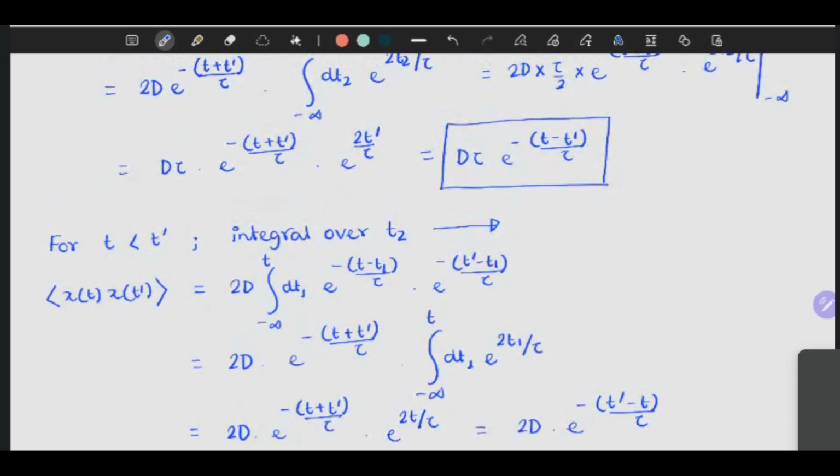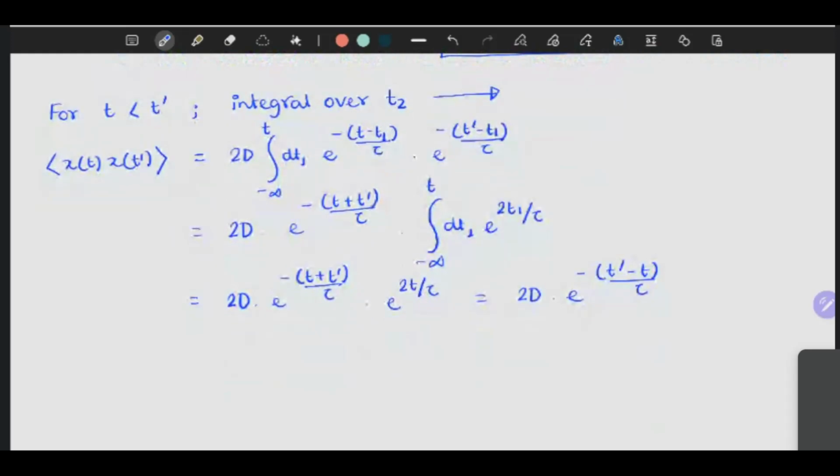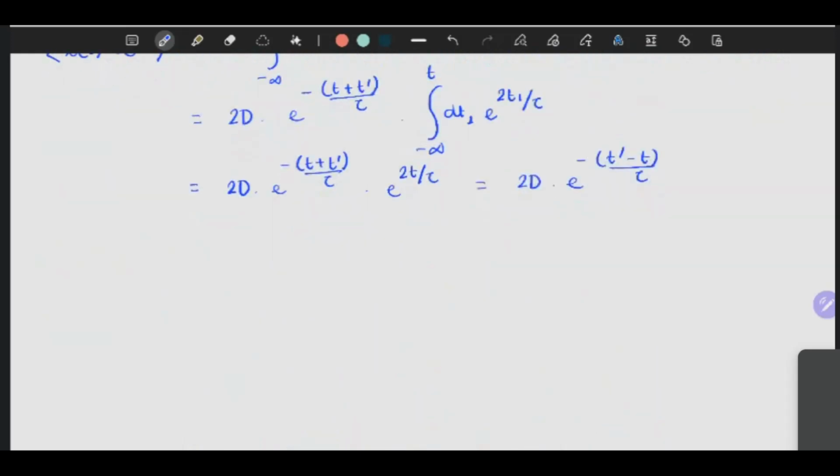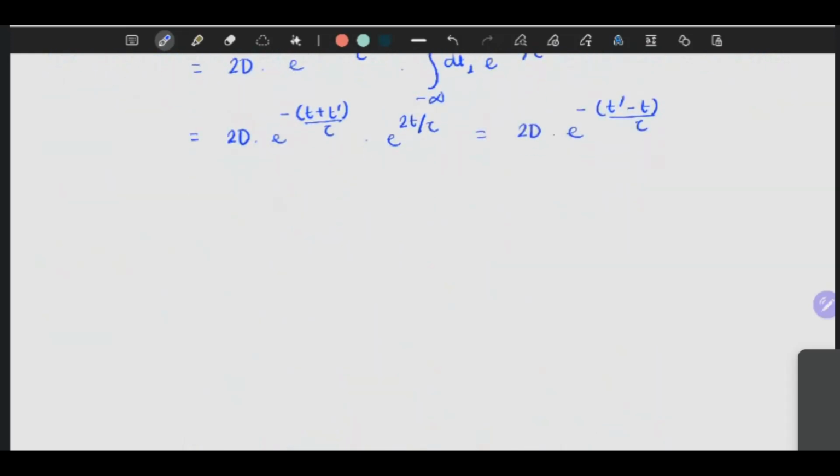See, there is some difference, so you can then write it like t prime minus t, meaning the mod of these things.